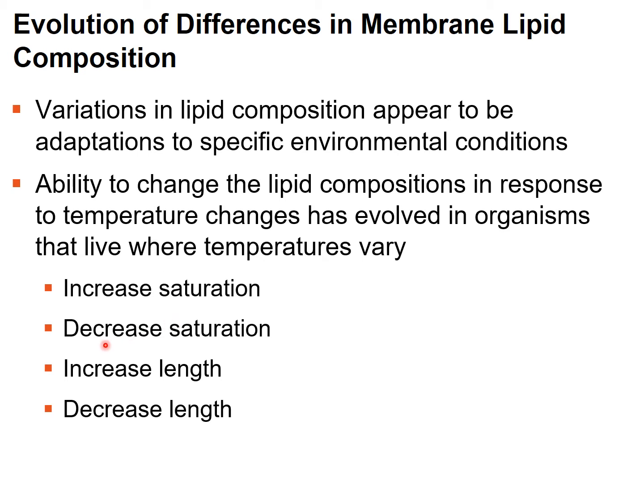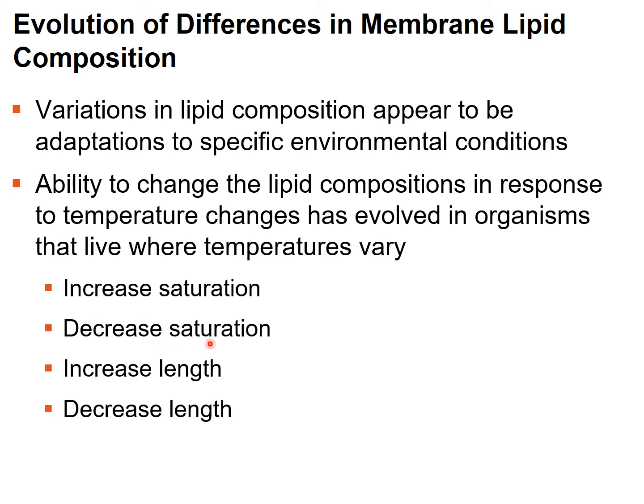Some of them can decrease their saturation, so this increases the unsaturated fatty acids, which makes it more fluid. So let's say the temperature is too cold, so it suddenly becomes cold. An organism can increase the unsaturation or decrease the saturation to keep it from being too rigid, right?